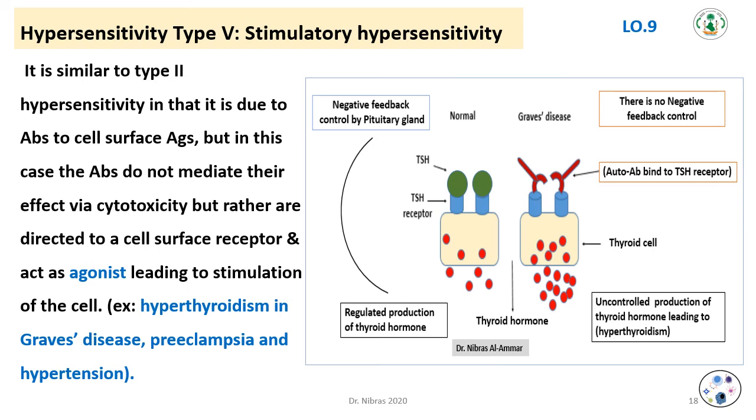Now, type 5, stimulatory hypersensitivity.